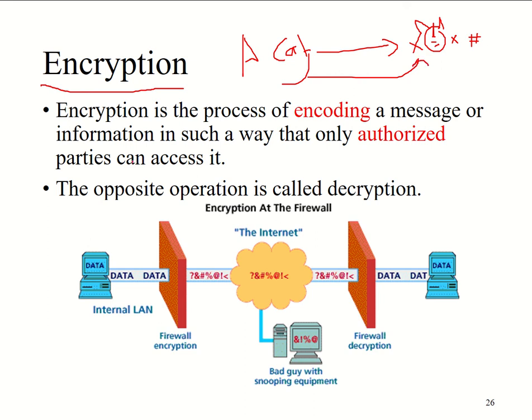Now, the definition is the process of encoding a message or information in such a way that only authorized parties can see it or access it. This is, for example, computer A, and this is computer B. Computer A wants to send data to computer B. They have to use the network, the big network, which is the internet, in order to transmit this data between them.